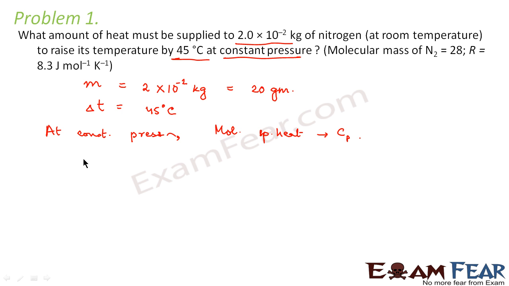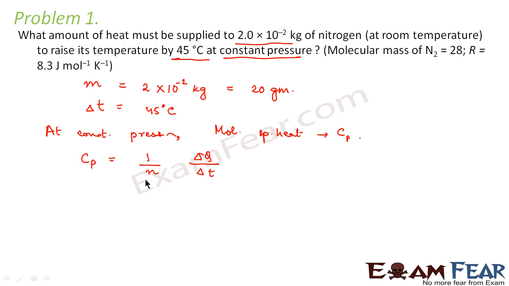Using the definition, the mathematical expression of Cp is 1 by n, delta Q by delta T. This is the mathematical definition for Cp, that is molar specific heat capacity at constant pressure.